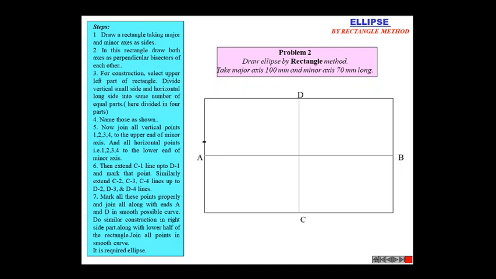Now we divide the horizontal and vertical parts. First, the vertical short side: 1, 2, 3, then the horizontal: 1, 2, 3, 4. Then we join 1, 2, 3, 4 to the upper end of the minor axis, and all the horizontal points to the lower end of the minor axis.